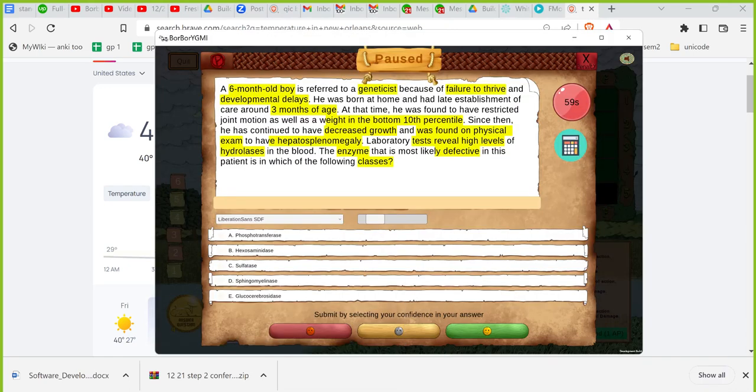So Niemann-Pick or Tay-Sachs is really the question. With Niemann-Pick, you'll have sphingomyelinase as your byproduct. With Tay-Sachs, you'll have hexosaminidase.